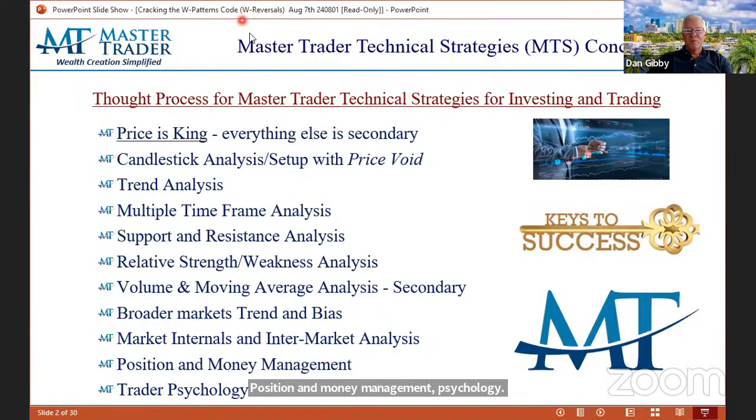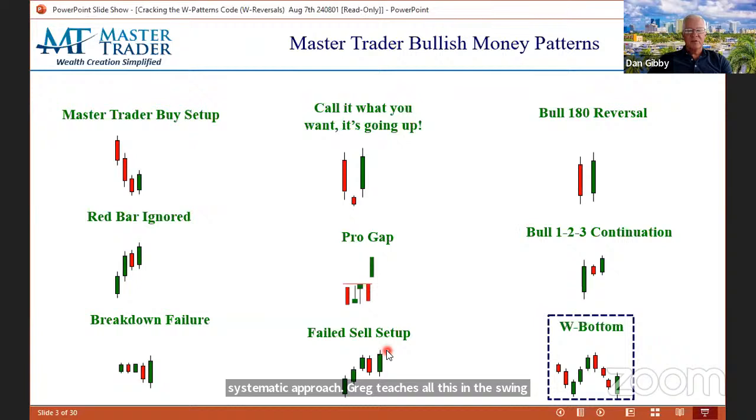So our approach is a systematic technical approach. Greg teaches all this in a swing trading course, including the position money management, trader psychology. So once you have an objective approach, there's 4 stages to learning. And where we all want to be is what they call unconscious competence.